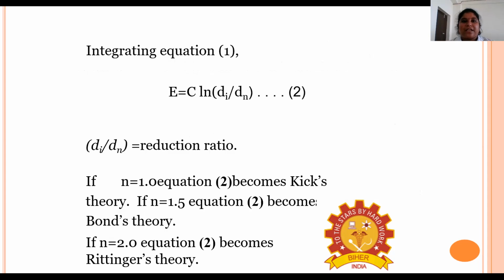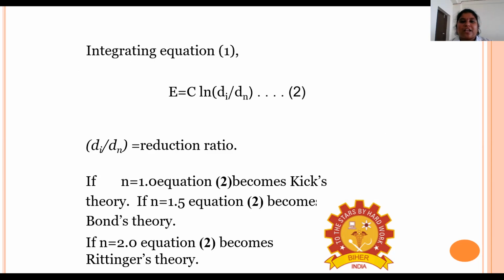From this equation, if we integrate, the energy is equal to constant C times ln of Di divided by Dn. Here Di is the diameter of the initial particle, and Dn is the diameter of the new particle.